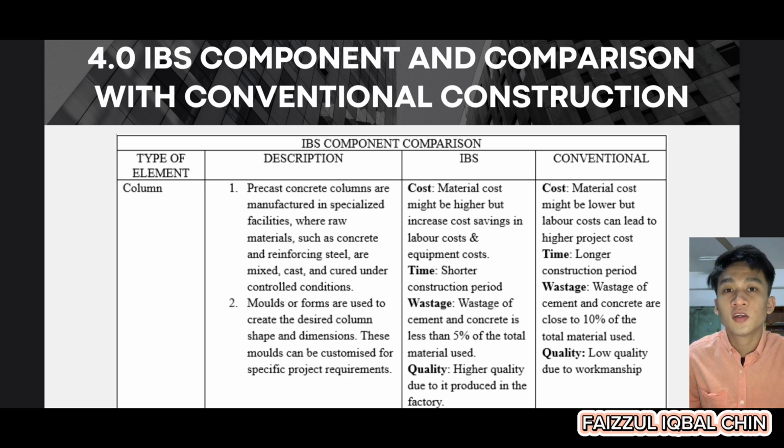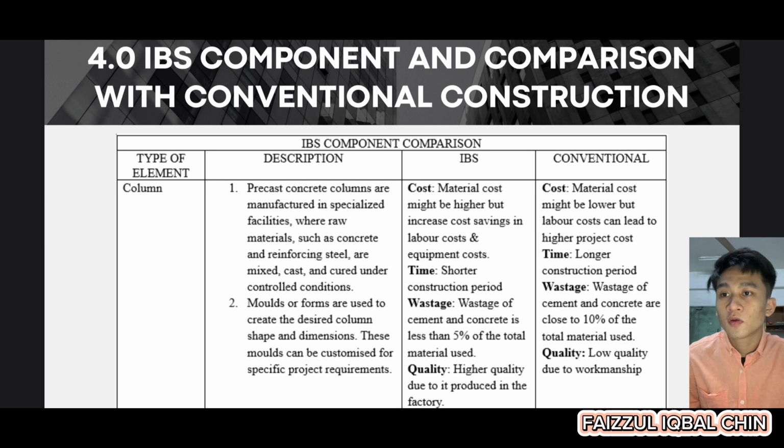For conventional, material cost might be lower, but labor cost can lead to higher project cost. For time, IBS may have a shorter construction period, and conventional has a longer construction period.